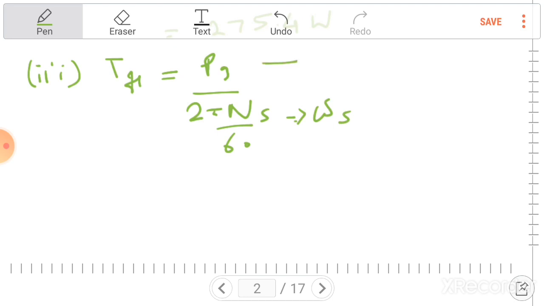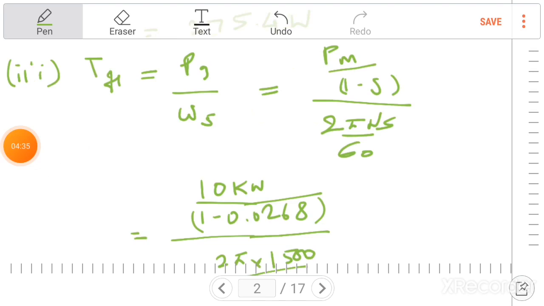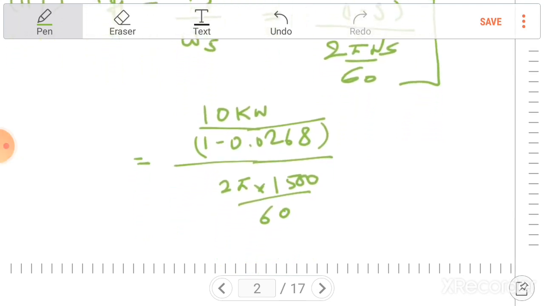Now Pg is equal to Pm divided by 1 minus S. Pm is the mechanical power developed, or the shaft power. So by using this expression for the torque at full load, we will get torque equal to 65.42 Newton meter.